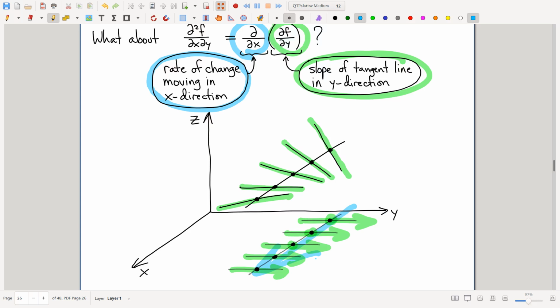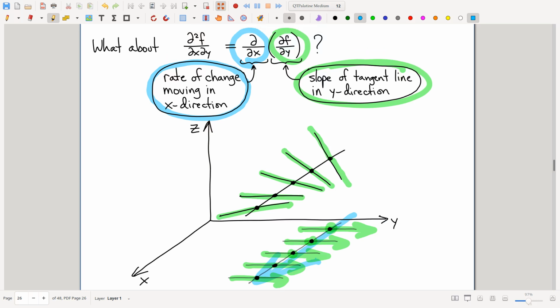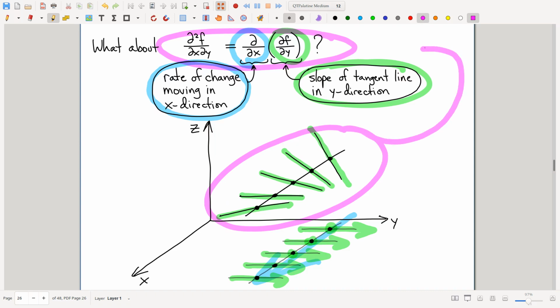And so I say, in this situation, the x partial of the y partial per that picture must be positive, because those y slopes are increasing as you move in the x direction. Does everybody see that?